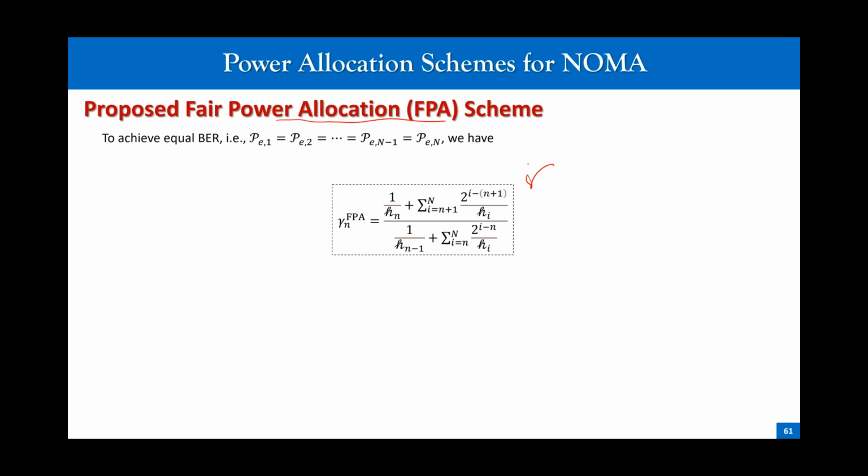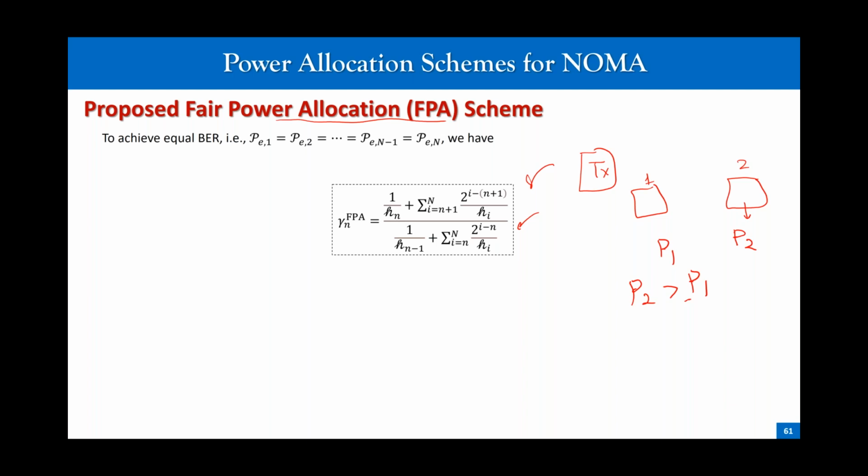Just as one example, suppose I have a transmitter and there are two users located. One user is located near and the second user is located far. So this user should be given more power. P2 should be larger than P1. The factor by which it should be larger than P1 is the power allocation factor, which of course should depend upon the channel coefficients and the number of users and so on.